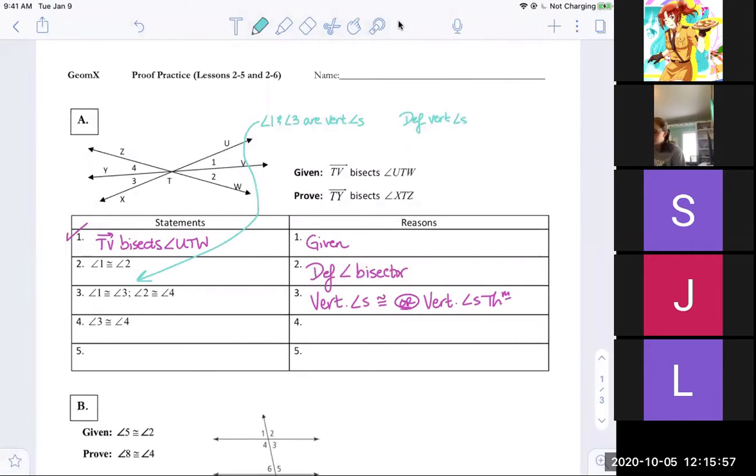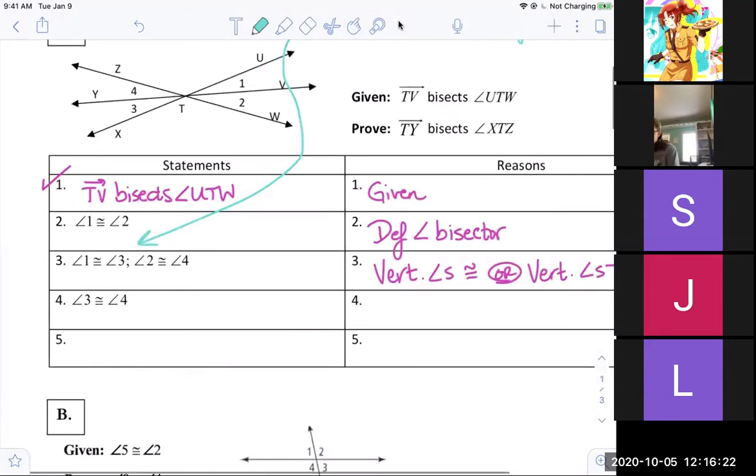If they just identify that the angles are vertical, that would be definition of vertical angles, and then saying that they're congruent is vertical angles theorem. They're congruent because they're vertical is not the same thing as a definition. Typically, we skip that definition step, so what you will see in proofs as reasons will be vertical angles theorem and not the definition of vertical angles. Okay, so that's coming from the diagram. It's not actually coming from step 2.